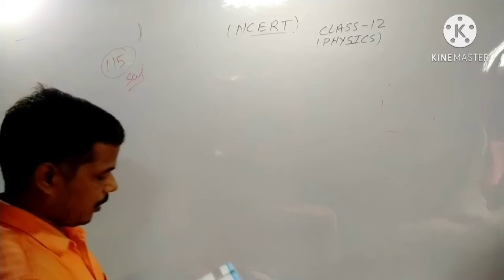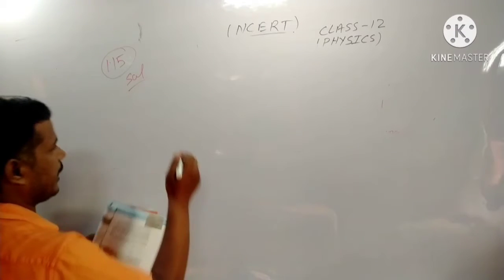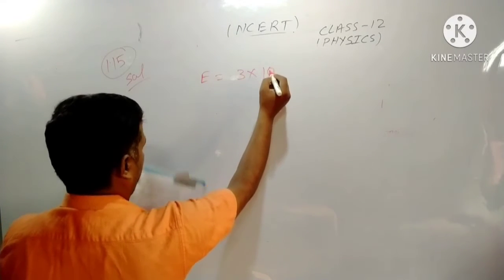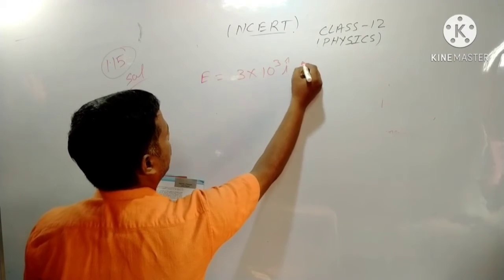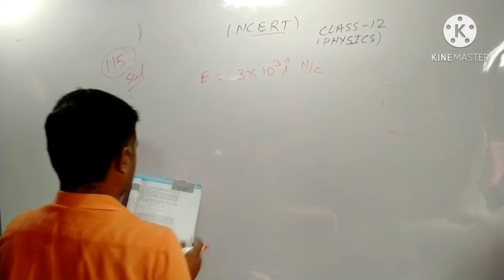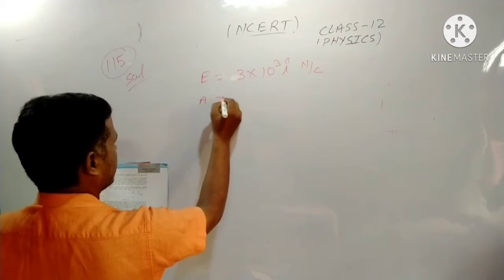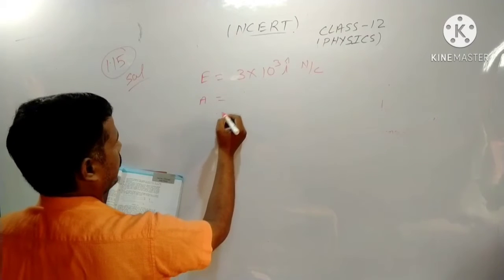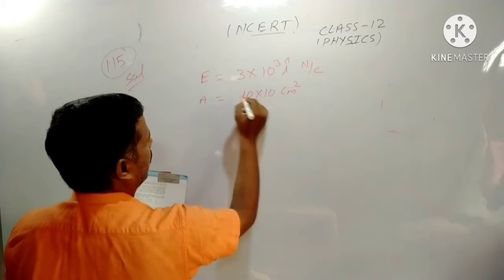Now, question number 1.15. Here given that electric field E is equal to 3 into 10 power 3 i cap Newton per coulomb and area A is equal to 10 into 10 centimeter square.